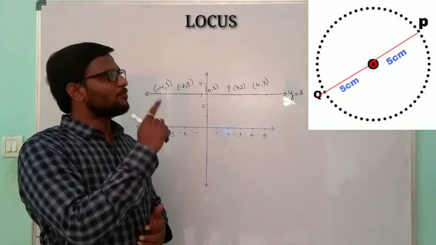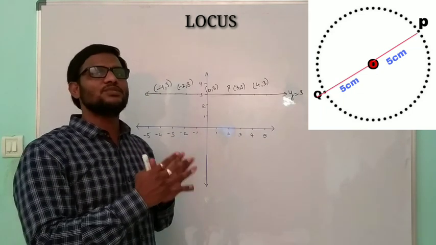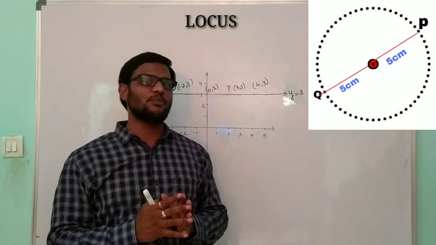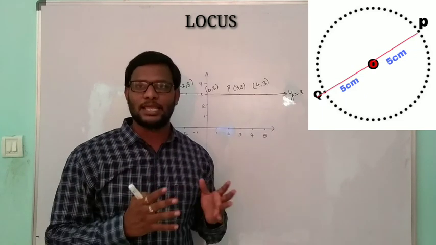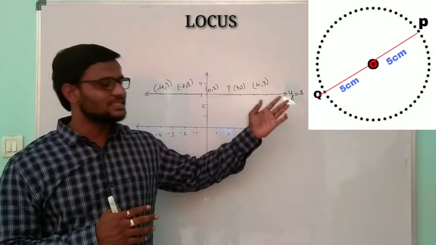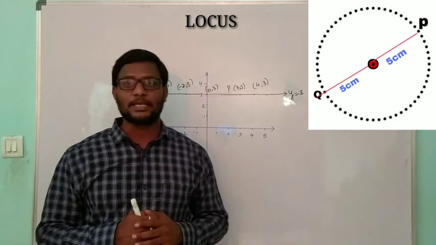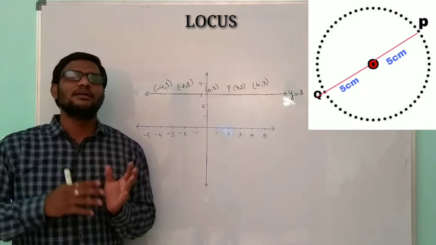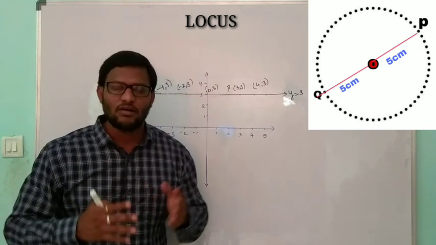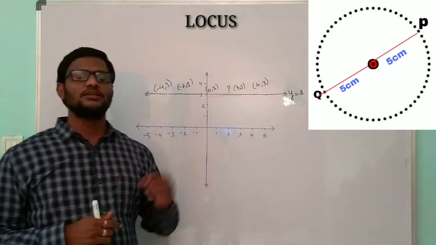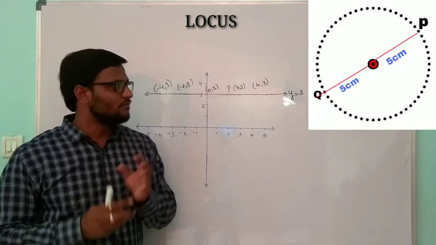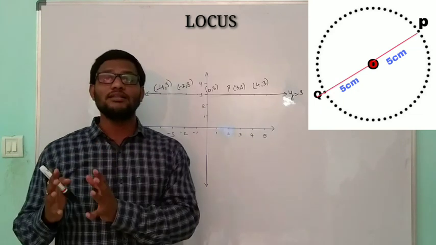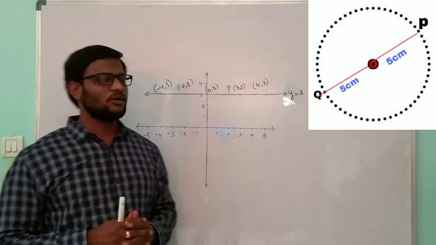The set of points equidistant from a fixed point is called a circle. In the first example, it was a straight line. Locus may be a straight line, circle, ellipse or parabola. Generally, locus is a curve which satisfies all geometrical conditions.